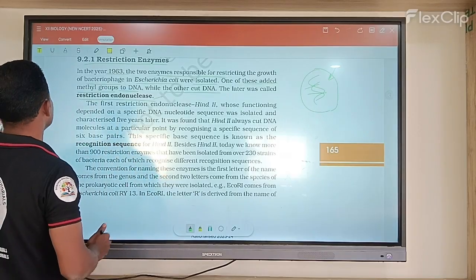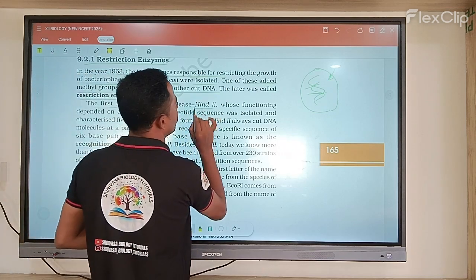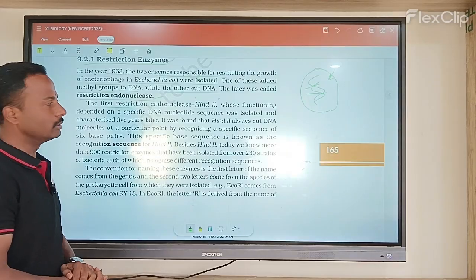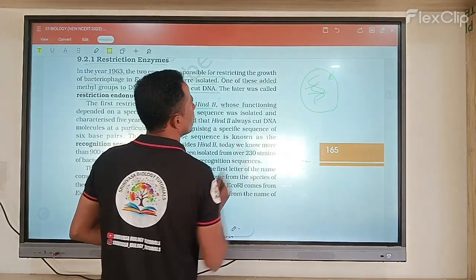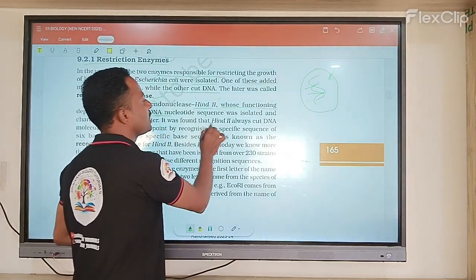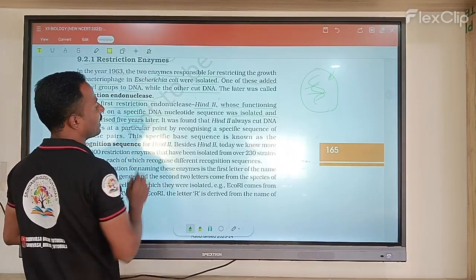After this, the first very important restriction endonuclease is HindII, which functions depending on specific DNA nucleotide sequences. The sequence was isolated and characterized five years later.